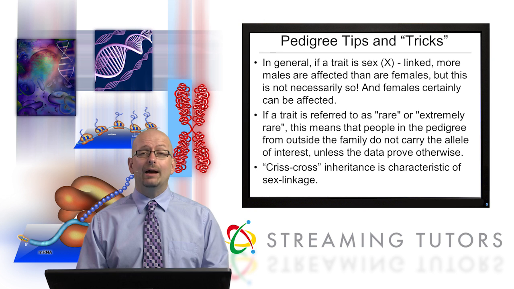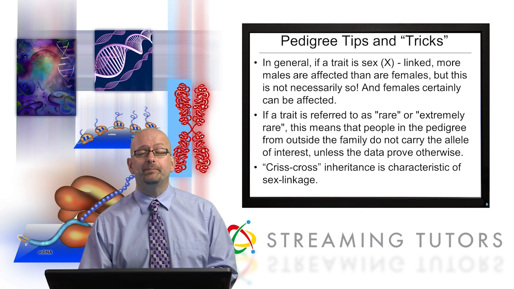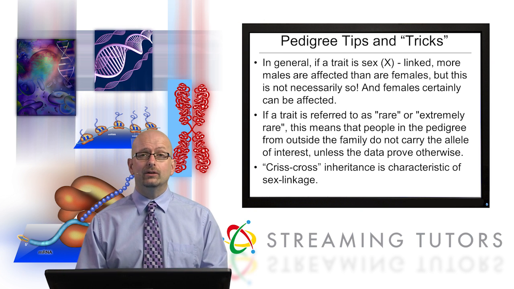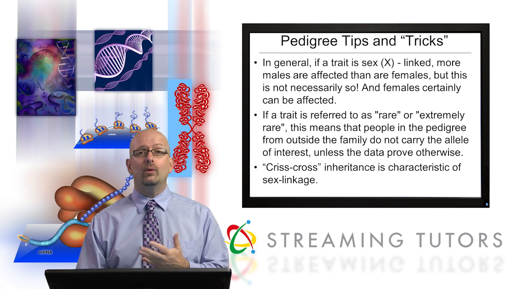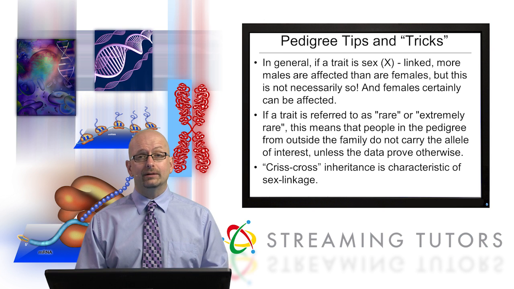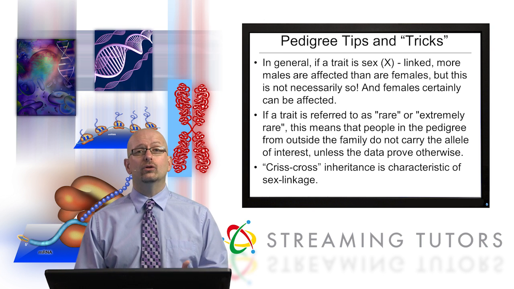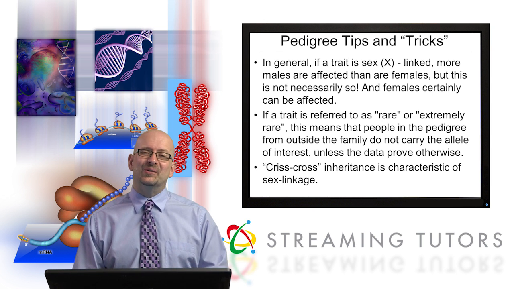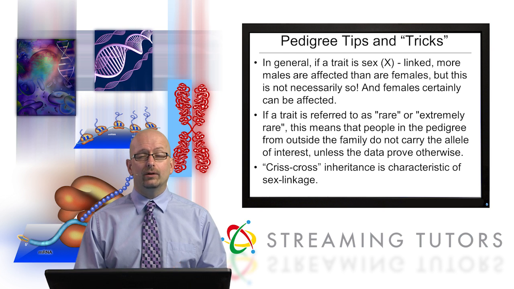What we want to do now is integrate the idea of sex linkage by finding out, once we know something's recessive or dominant, can we further tell whether it's sex linked? That is, in most cases that means the gene is located on the X chromosome, or is it autosomal, in which it's not located on the X, it's located somewhere else.